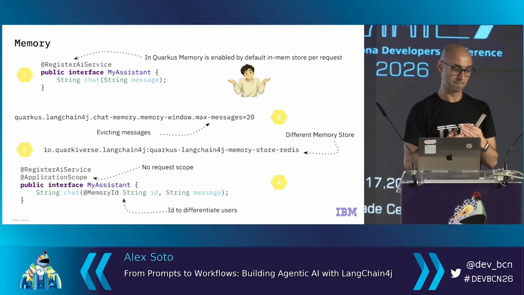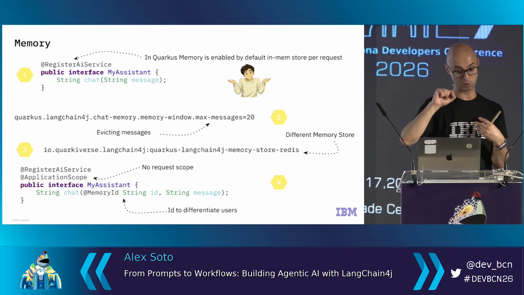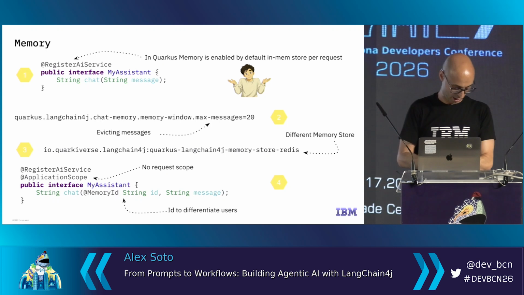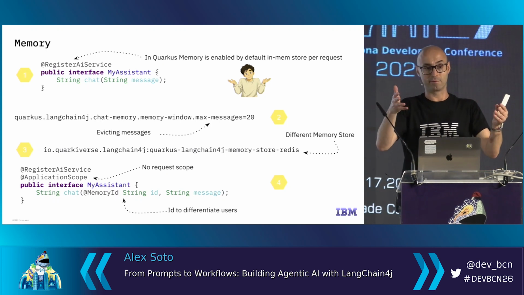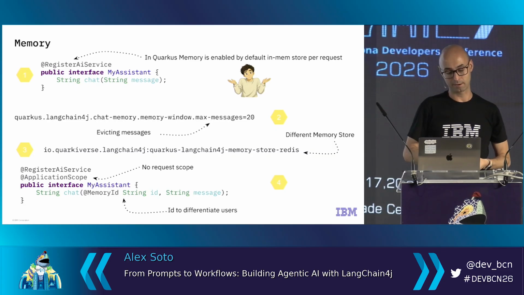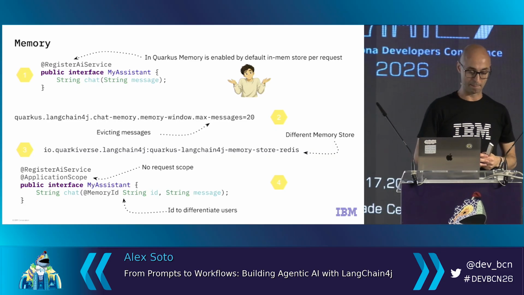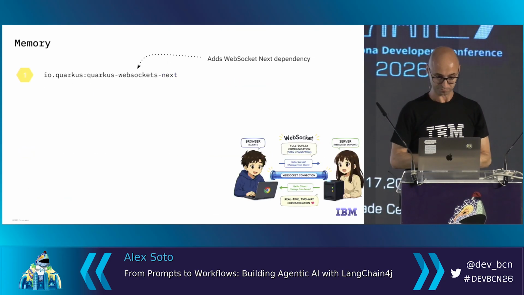So I need to verify that this is my memory and not the memory of another request. So you are using a memory ID, which you can just set here as a string ID, which could be your user ID. Basically, internally, it's like a map. So if you need to have multiple users using the memory, you need to have a map to define which is the memory of each of the users.